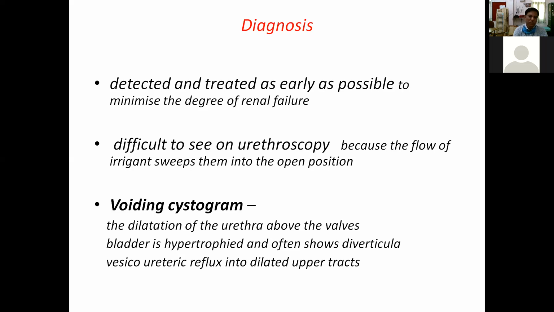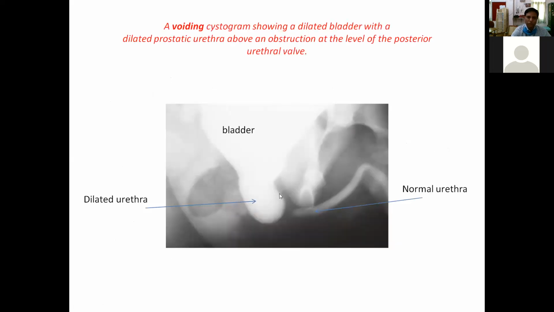It shows a dilated urethra above the valves, the bladder is hypertrophied and often shows diverticula, and you can demonstrate vesico-ureteric reflux into the dilated upper tracts. So dye will be seen in the dilated ureters also. This is a very important investigation. This is a voiding cystogram.